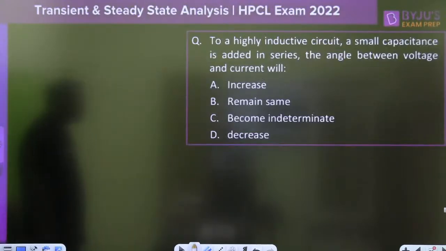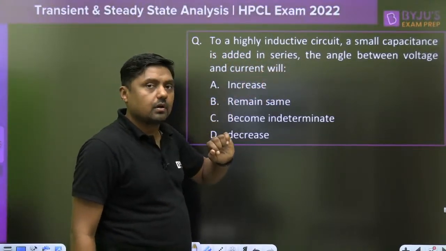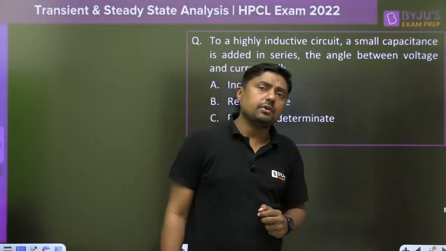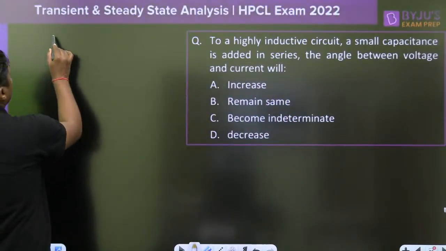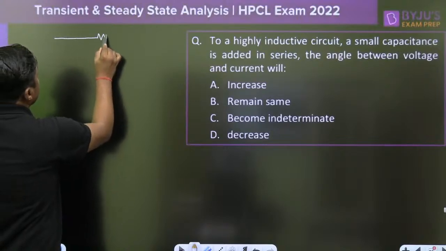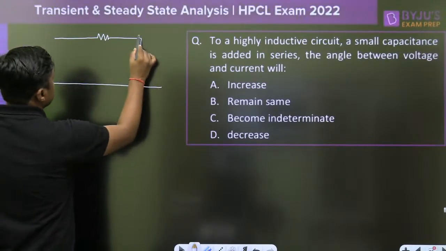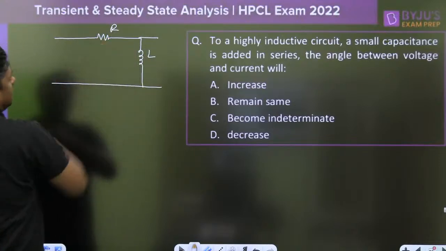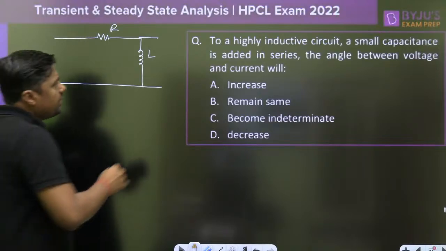Okay, so this type of questions, last one, to a highly inductive circuit. Highly inductive, what is the meaning of this? No doubt, we are having the resistor and inductor in a particular circuit. But it is written here highly inductive circuit, what is the meaning?